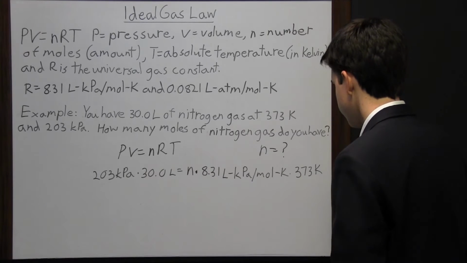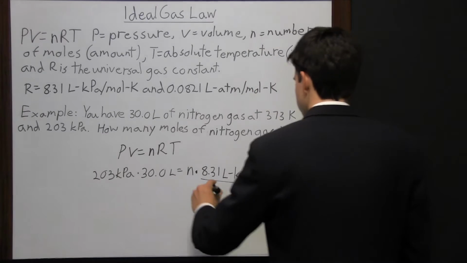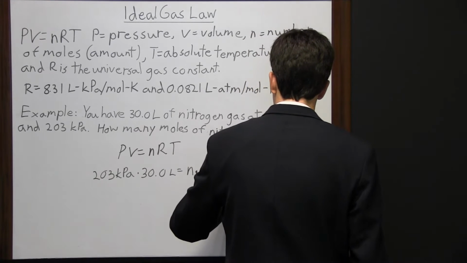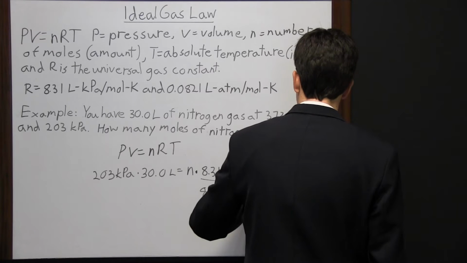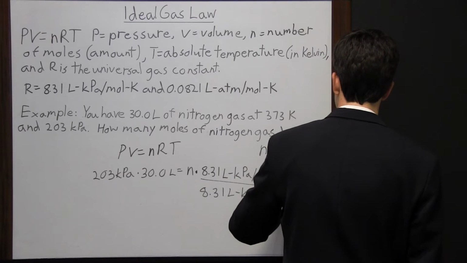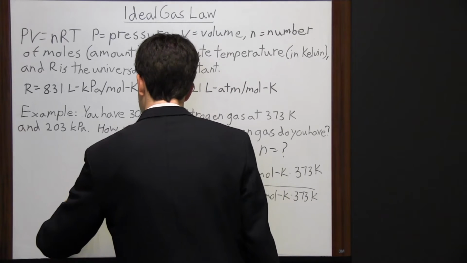So from here, we just need to divide by this right here. And because we're using algebra here, what we do to one side of the equation, we also have to do to the other. So we'll divide this side by the same thing.